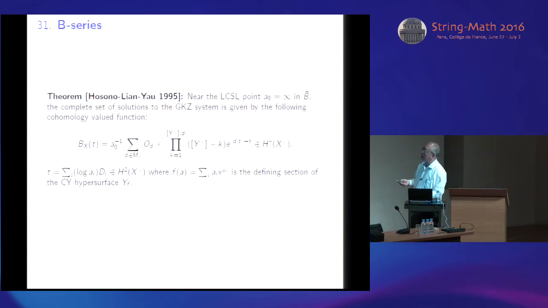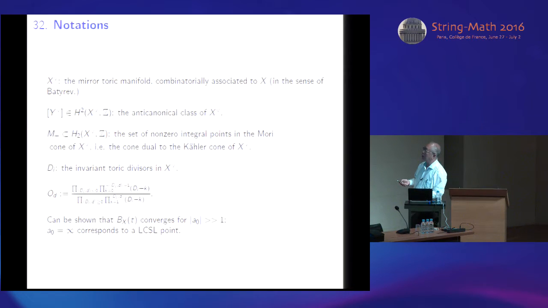And then there's a Y hat. So what's Y hat? Y hat is the anti-canonical class of X hat. And then X hat is the mirror toric manifold, combinatorially associated to X in the sense of Batyrev. And then there's M plus, which is in the second homology group of X hat, the set of non-zero integral points in the Mori cone of X hat.